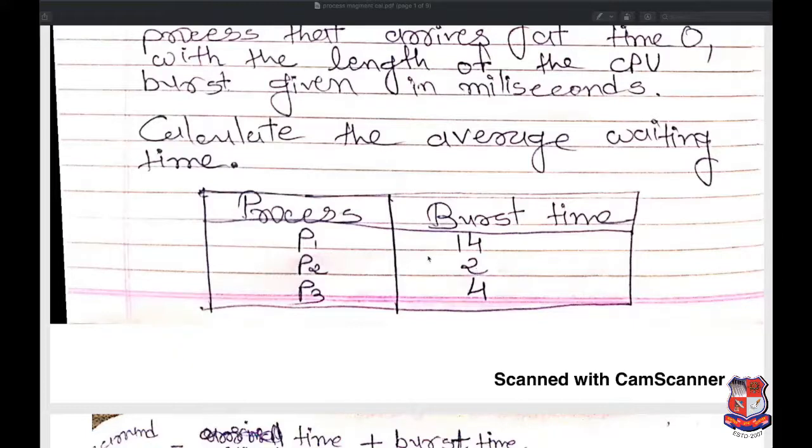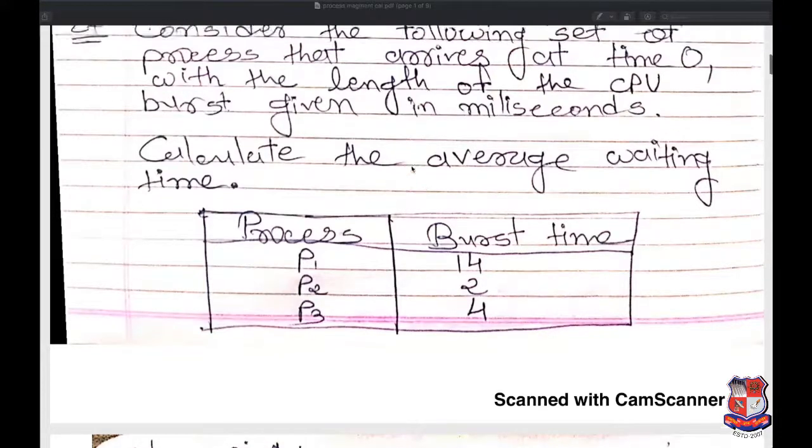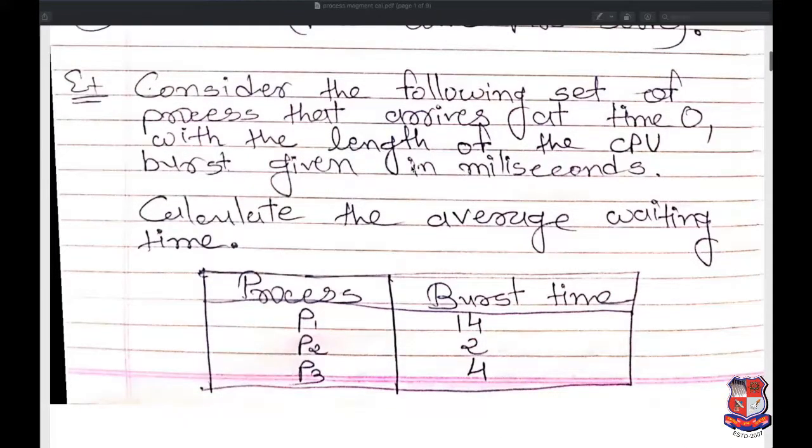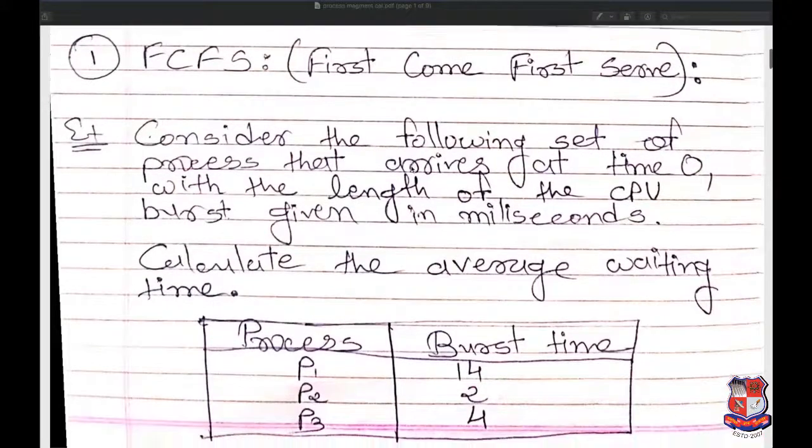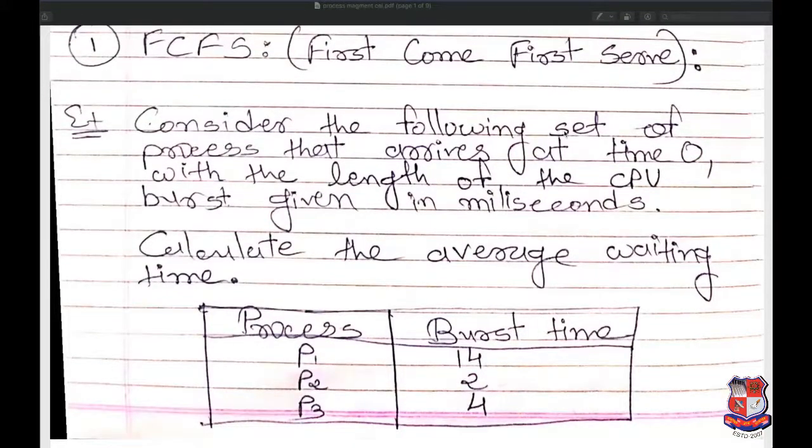Burst time, CPU time, run time, these all values are the same. So this is the question for the FCFS. The main point is the arrival time of all the processes is equal to 0. So we consider the arrival time for all processes as 0. So this example is FCFS without arrival time.